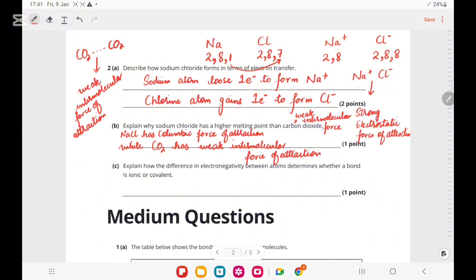Then explain how the difference in electronegativity between atoms determines whether bond is ionic or covalent.